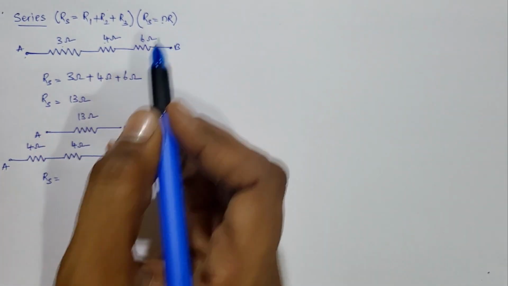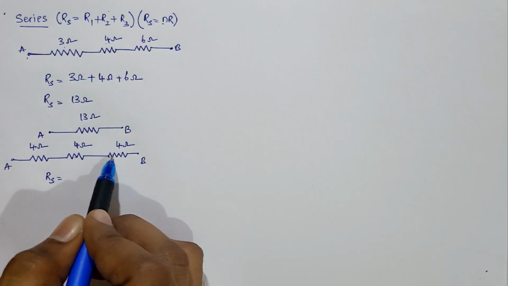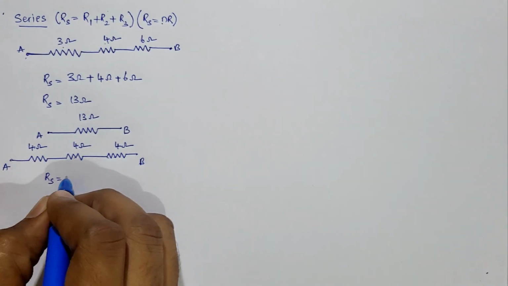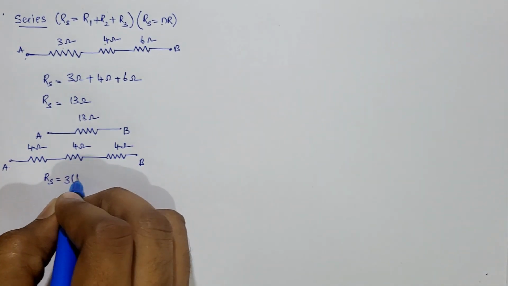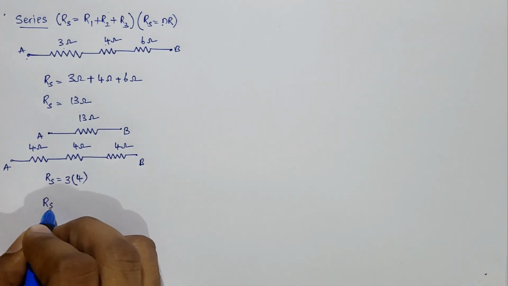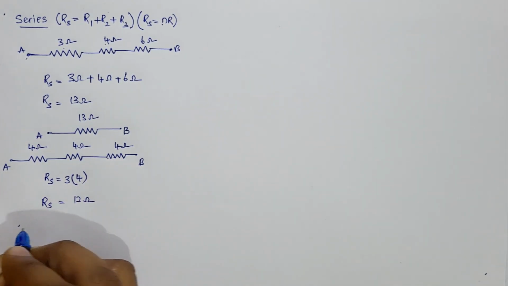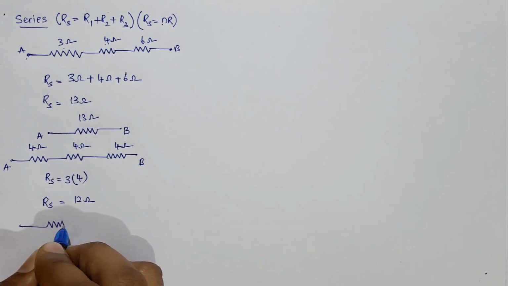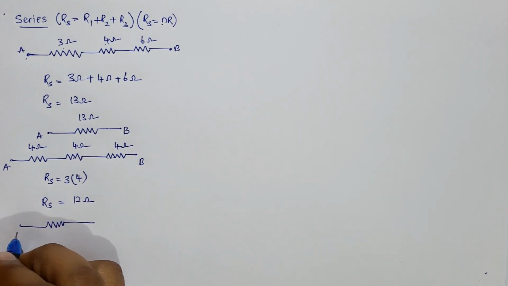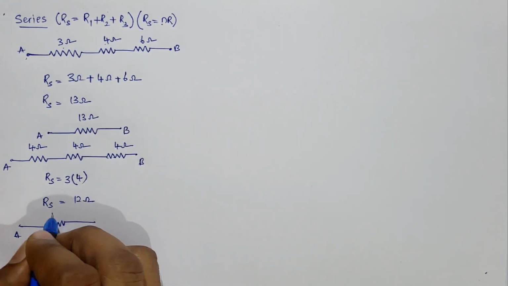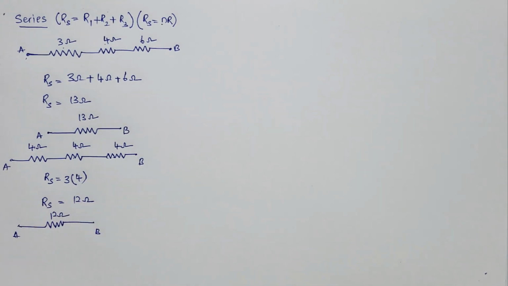Number of resistances. How many are there? 1, 2, 3. So 3 into what is the resistance value? 4. So Rs is equal to 12 ohm. So in between A and B, you can connect a single resistance. That resistance value is 12 ohm.